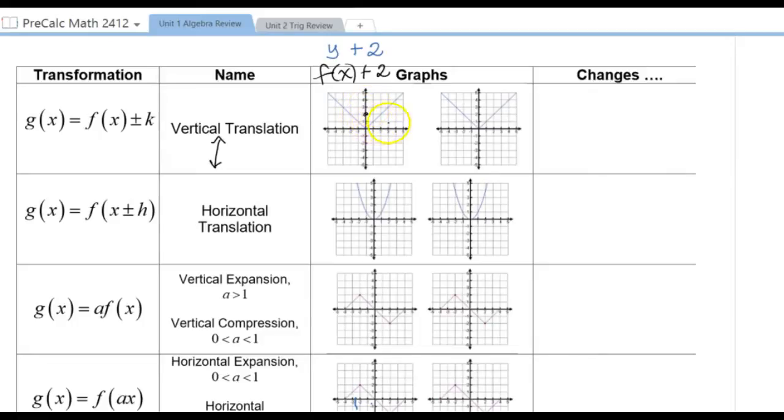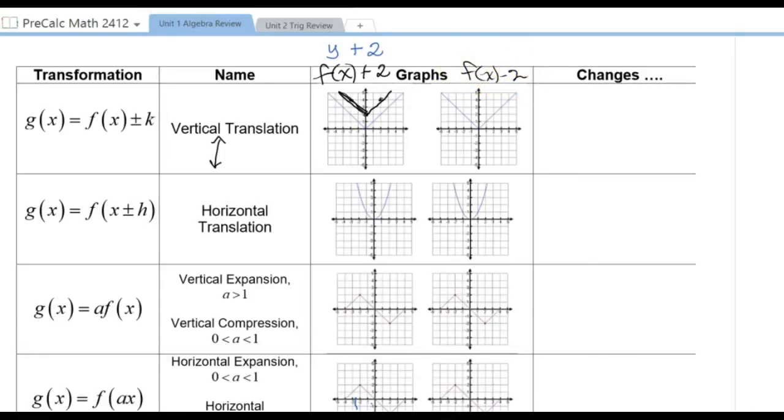When we come over here, picking one, here's 2, 2, and if I go up 2 from that point, I'm just moving that y value up 2. We're going to have the exact same graph except moved up 2 units upward.